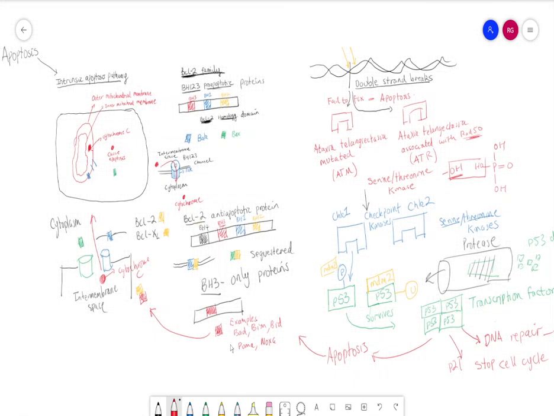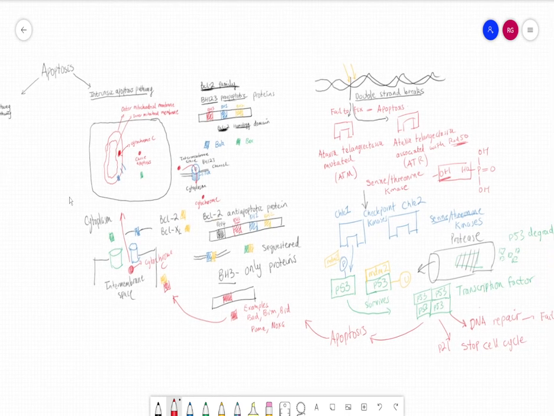Then P53 can cause increased transcription and expression of BH3-only proteins, which will inhibit BCL2 anti-apoptotic proteins, which means that BH3 pro-apoptotic proteins can form pores, aggregates in the outer mitochondrial membrane to let cytochrome C outside the cell.